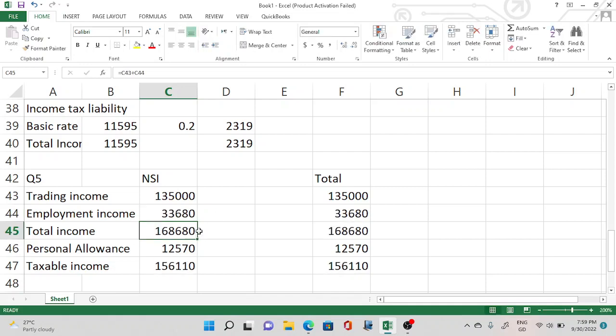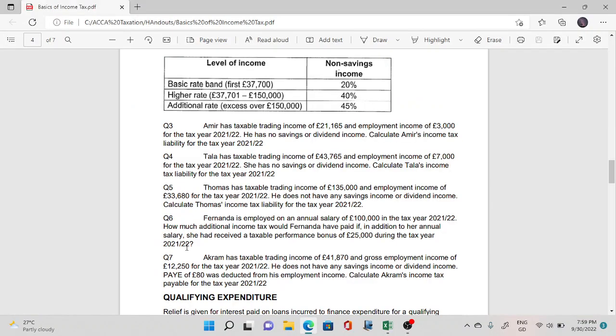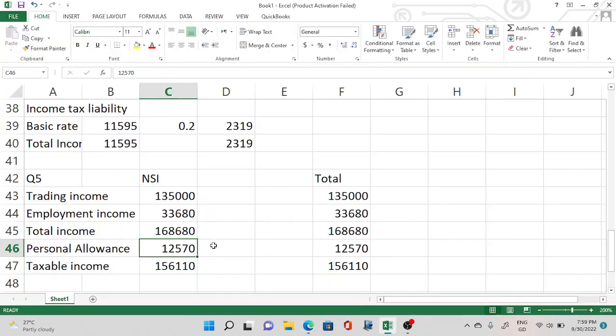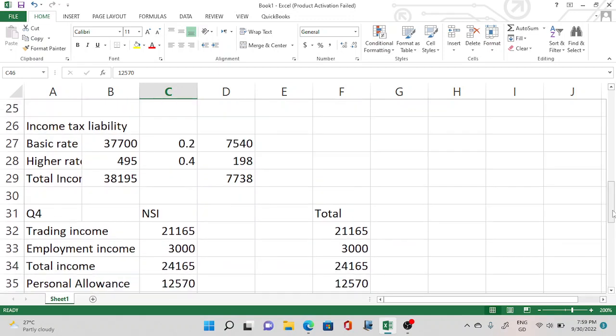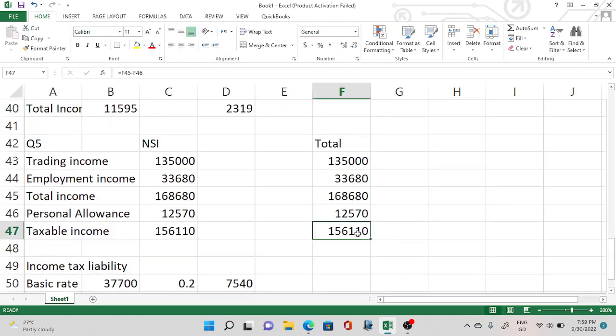Okay, so total income. Now we know that personal allowance cannot be 12,570. Because there is no personal pension contribution or gift donation information provided, we are going to take this total income as the adjusted net income. Now for the reduction of personal allowance, let's do it again instead of copy pasting it, so that you can practice it.